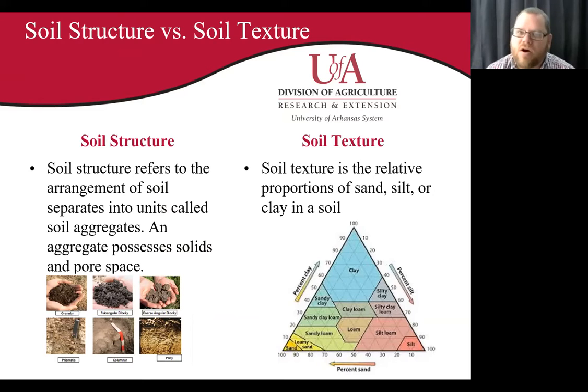So structure is how it all comes together, whereas texture is relative to the proportions of sand, silt, and clay. Like I said, we're never going to have 100% clay or sand or silt. It's always going to be a mixture. Soil texture refers to how much percentage of each one of those three separates is available in our soils.